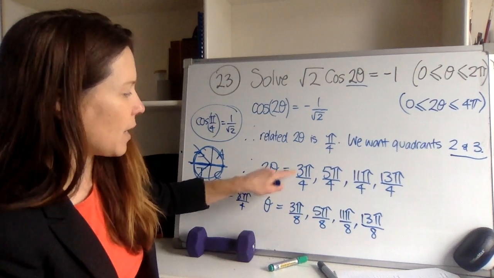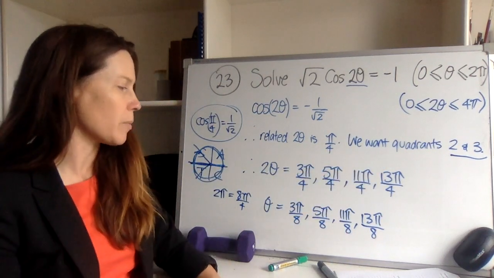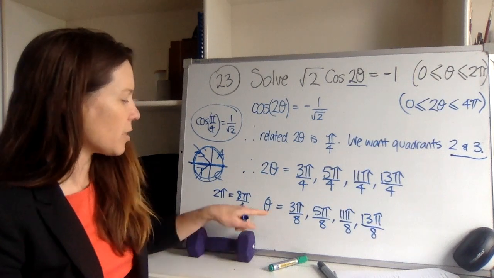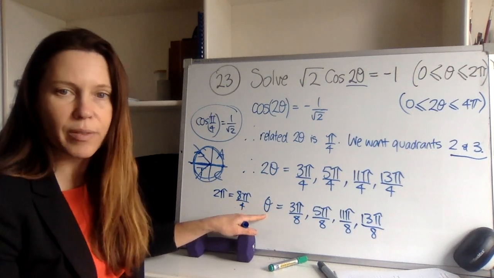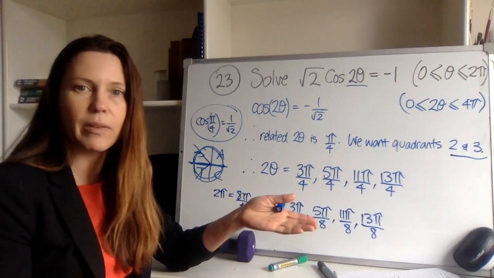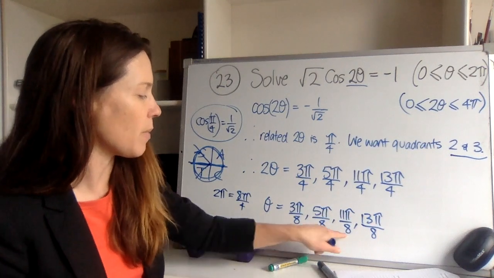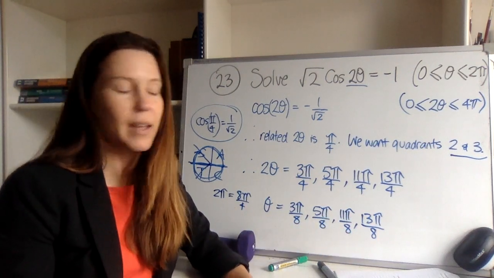That way I can just add 8/4 on here and add 8/4 on there. So 5 becomes 13. Now I just need to halve everything so that I've got theta instead of 2 theta. So instead of having quarters, what's half of a quarter? An eighth. I can keep the same numerators and just make them eighths now instead of quarters, and I'm there.